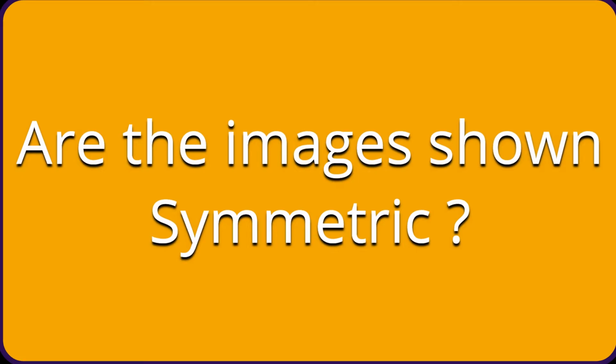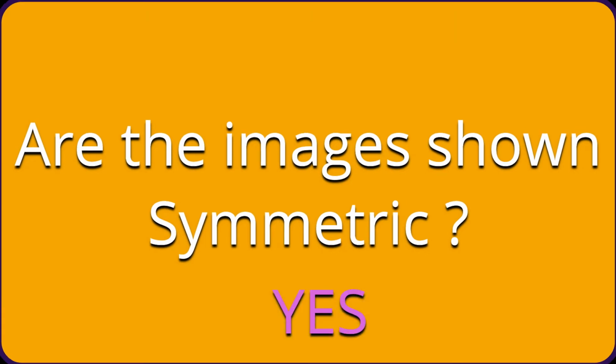For all these images which I have shown to you, what is your answer to the question: is it symmetric? I guess your answer was yes. Each image that I had shown was symmetric.